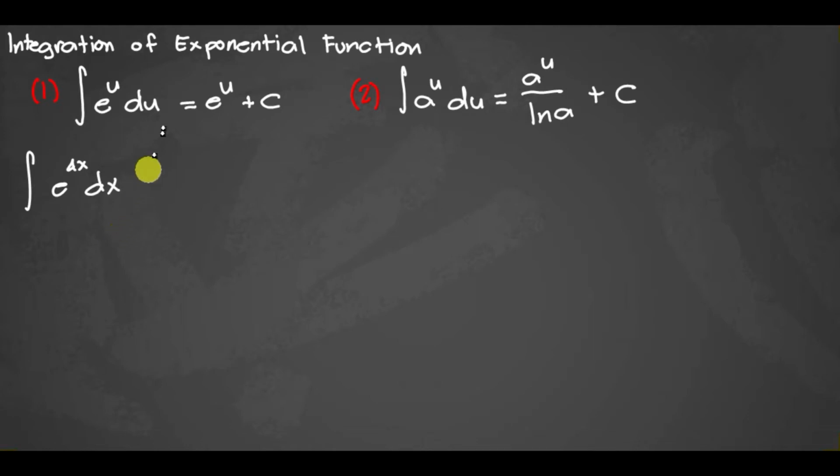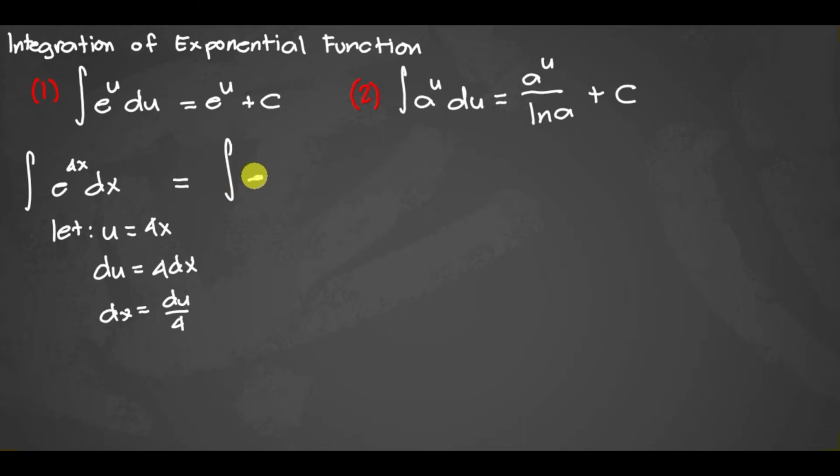Now using substitution, we let u be equivalent to 4x, and taking the derivative of 4x, du is equal to 4 dx, and our dx will be du over 4. Now this will be equal to the integral of e raised to u multiplied by du over 4.